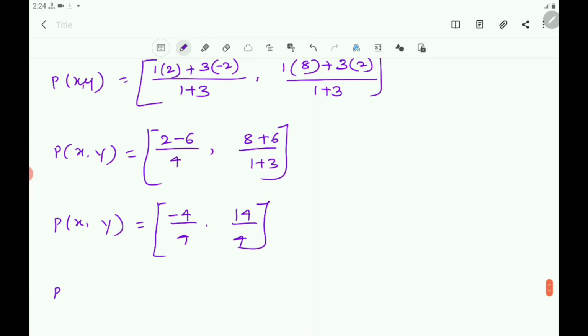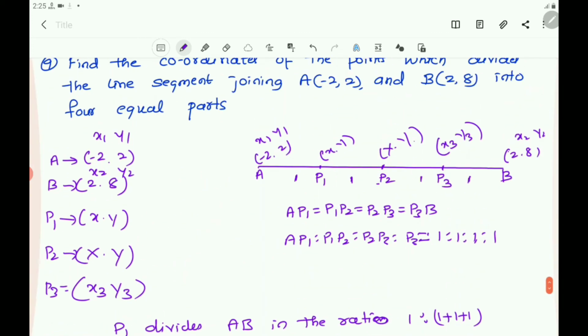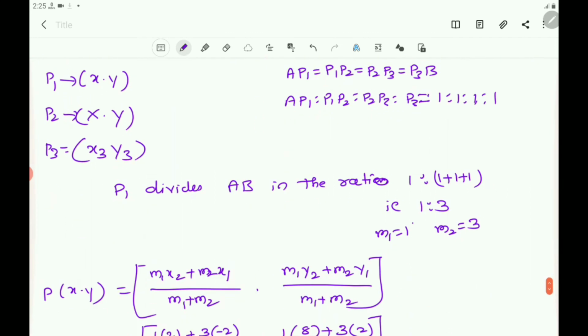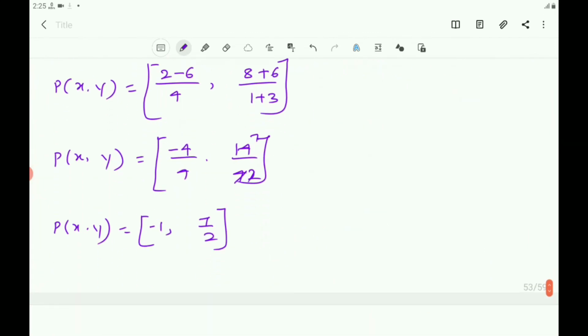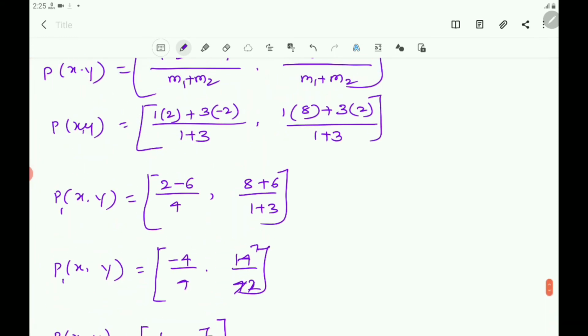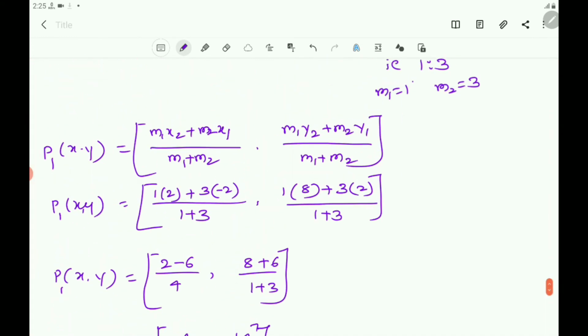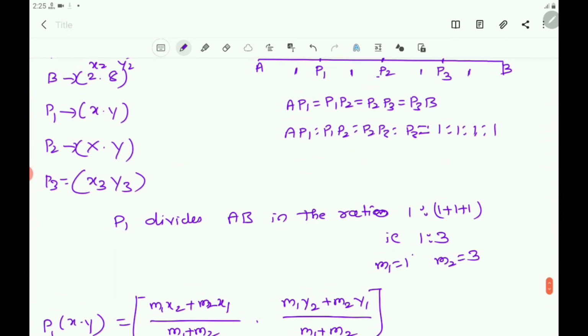Then P of x, y equals minus 4 by 4 is minus 1, 14 by 4 is 7 by 2. So the coordinates of the point P1 are minus 1, 7 by 2. That is the first point P1 you got.